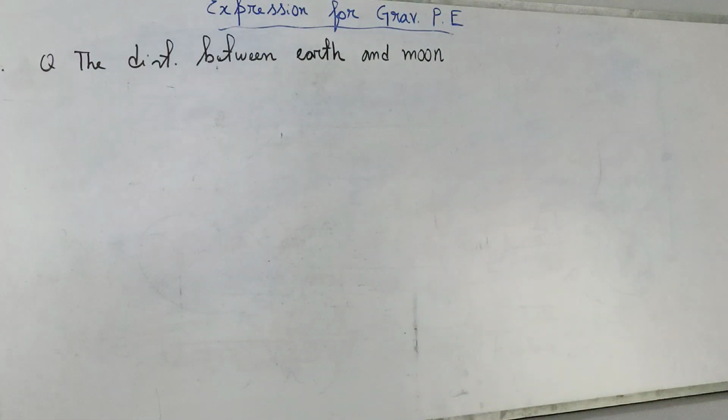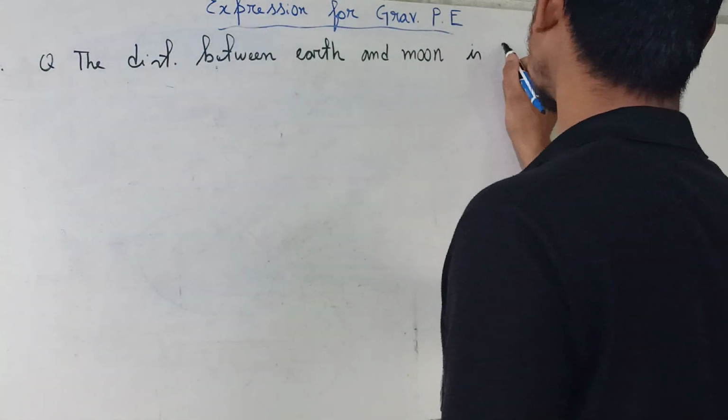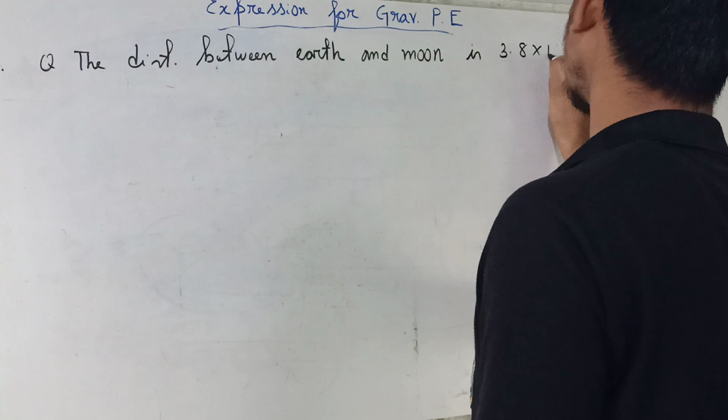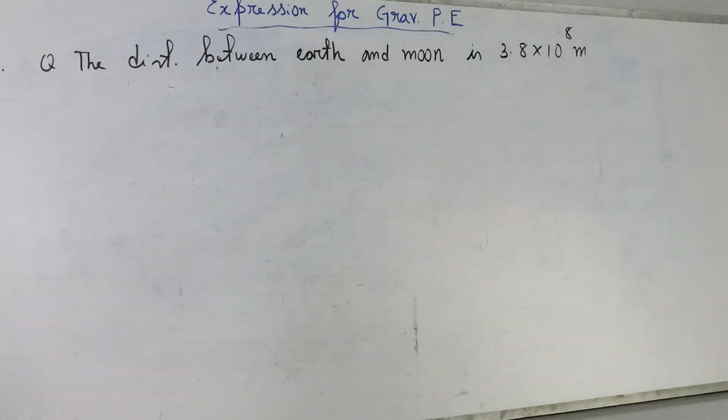The distance between the Earth and the Moon is, let's say, 3.8 into 10 to the power 8 meters. So let's find out the gravitational potential energy of the Earth-Moon system.